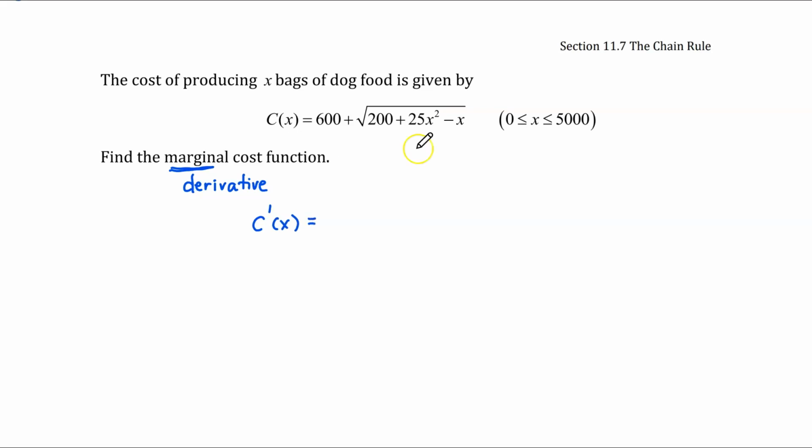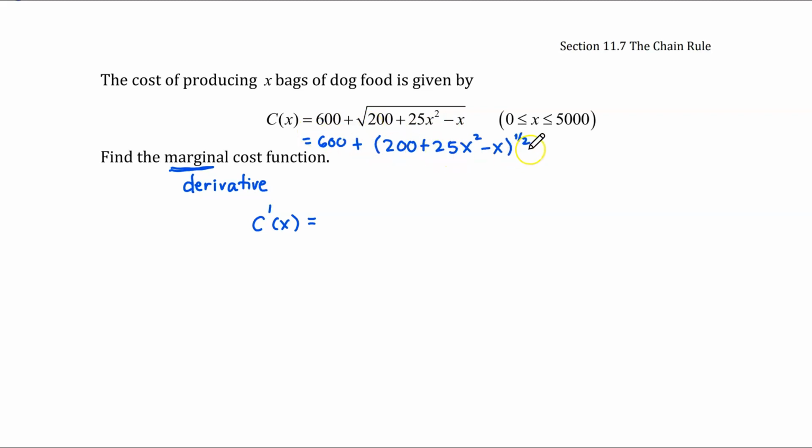So let's go ahead and differentiate this function. Now, before you differentiate this, it's easier if you write the square root of 200 plus 25x squared minus x in exponential form. So you write this as 600 minus (200 plus 25x squared minus x) raised to 1/2.